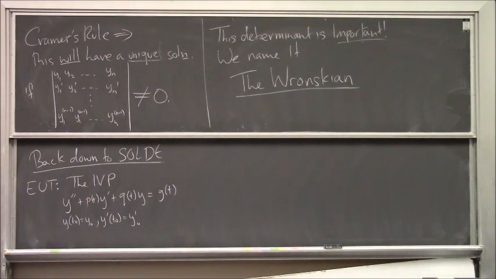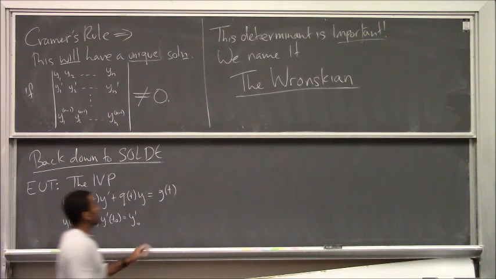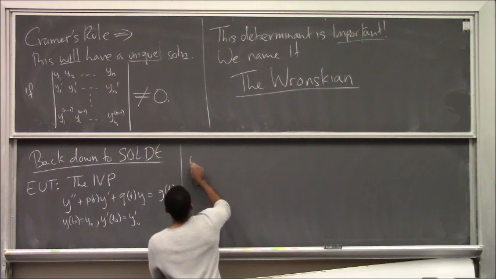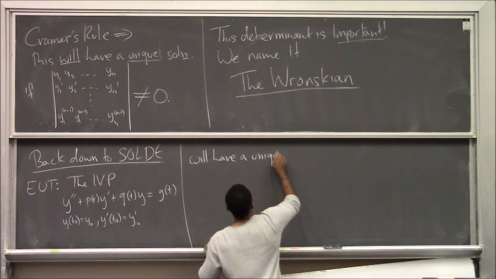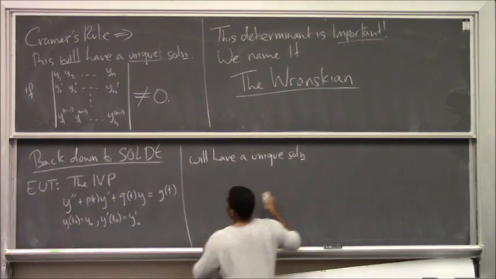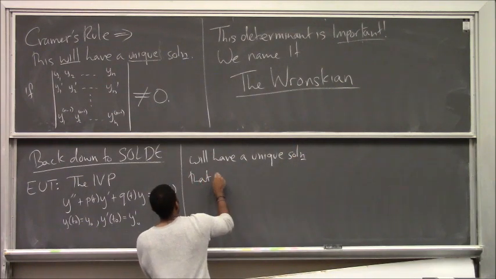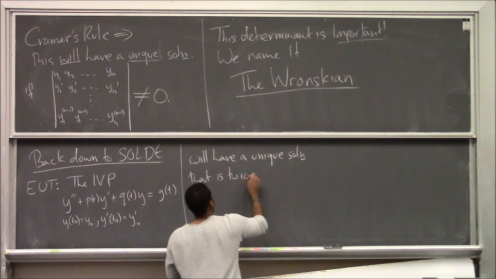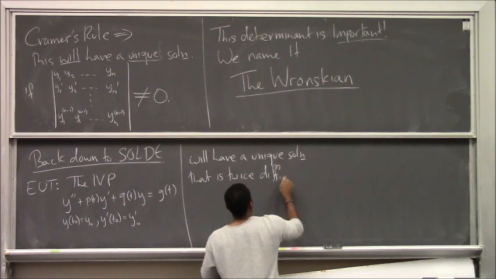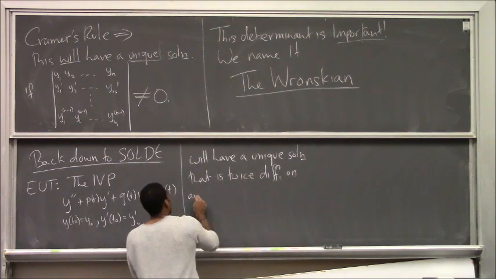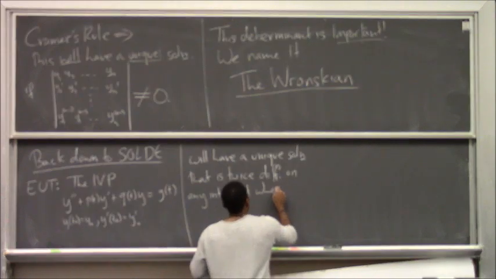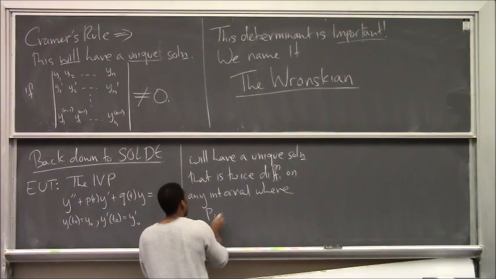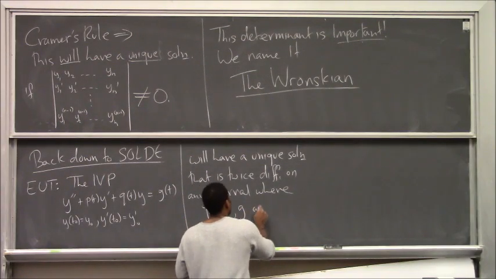So I only have 2 initial conditions here. There will be 2 arbitrary constants of integration. It will have a unique solution that is twice differentiable on any interval where p, q, and g are continuous.